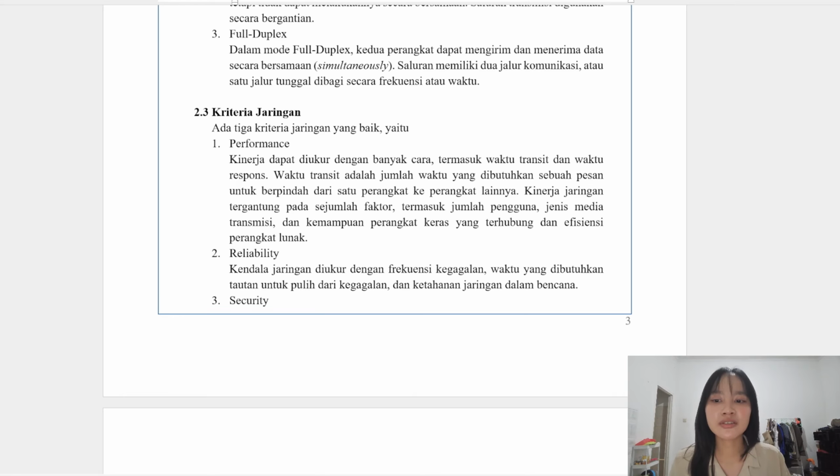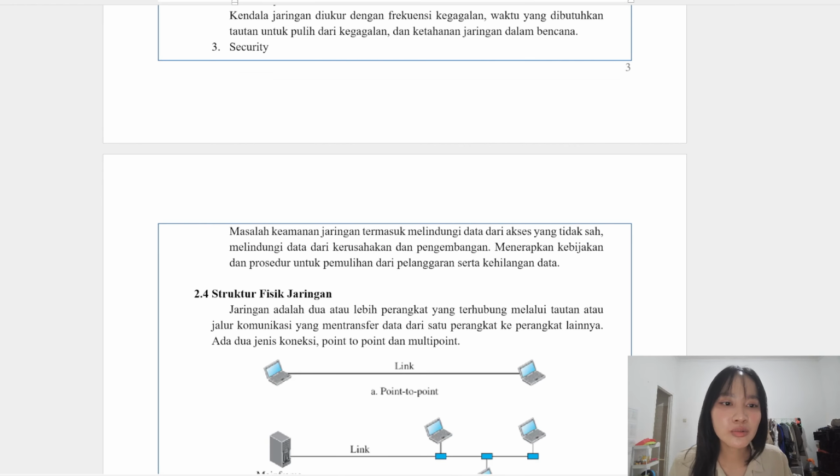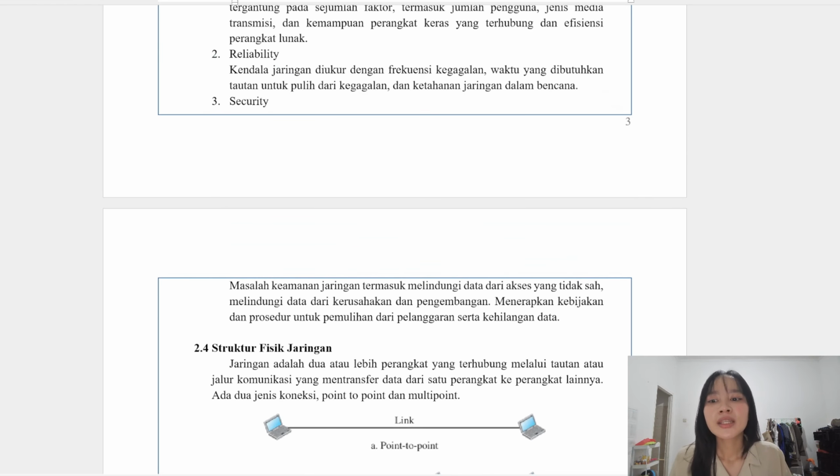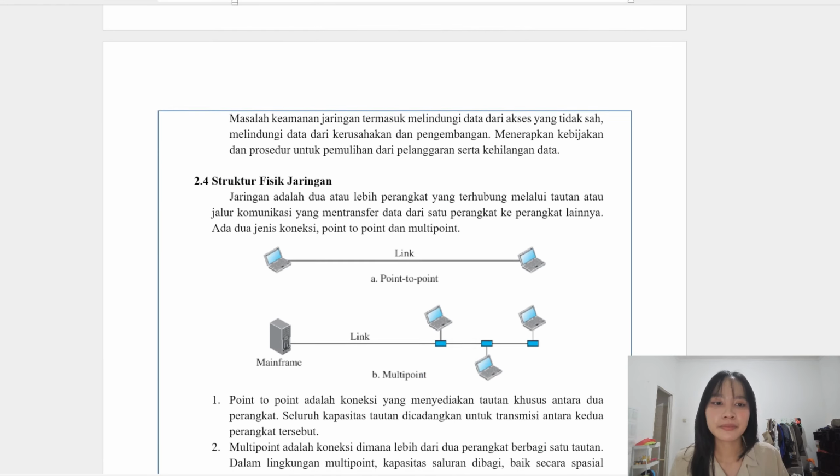Network reliability is measured by the frequency of failures, the time required for links to recover from failures, and the resilience of the network in the event of a disaster. And the third one is security. Network security issues include protecting data from unauthorized access, protecting data from corruption and modification, and many more.